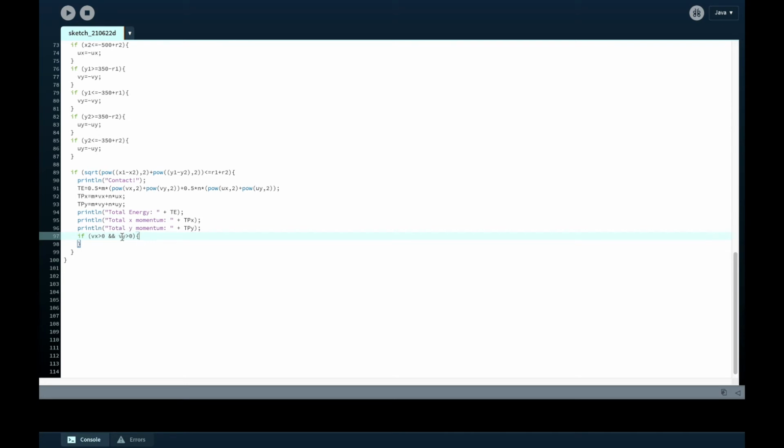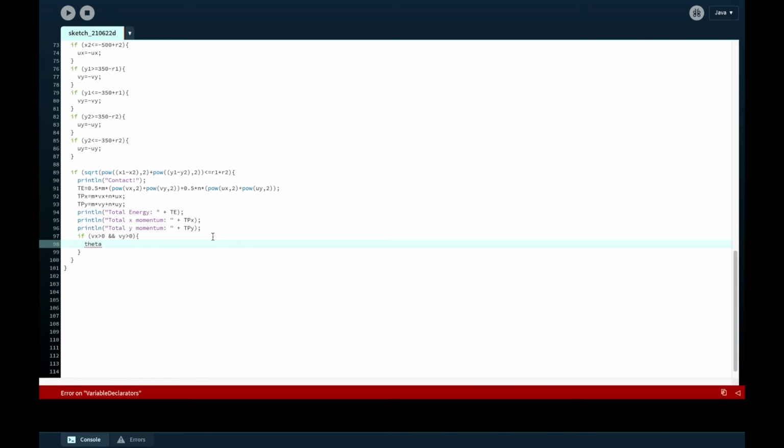And so if vx is positive and vy is positive, I know it's in the first quadrant, so I'm going to set theta equal to the arctangent of vy over vx and not do anything.